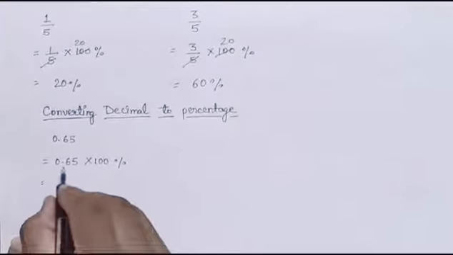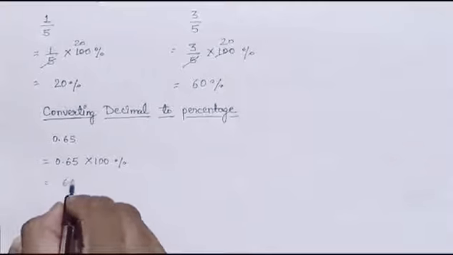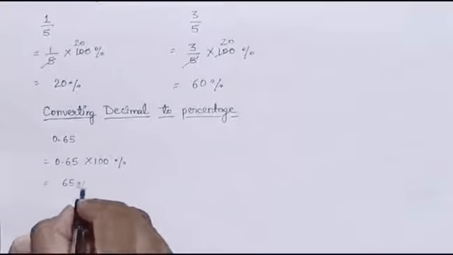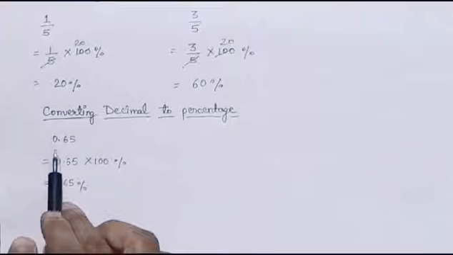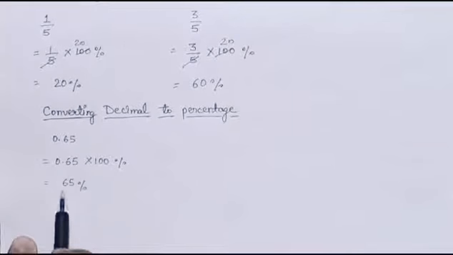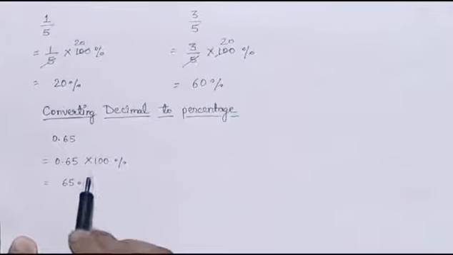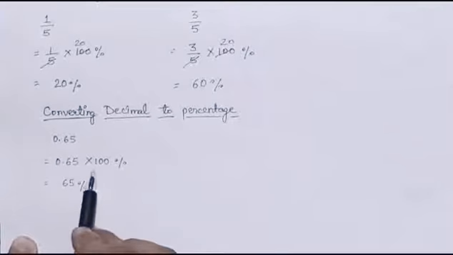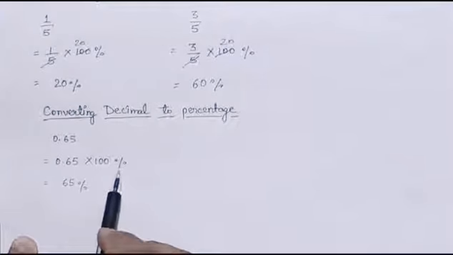Then you know 0.65 into 100 equals to 65 and then the percentage sign. It means the decimal 0.65 is equivalent to 65%. So you just have to multiply the given decimal by 100 and put the percentage sign.